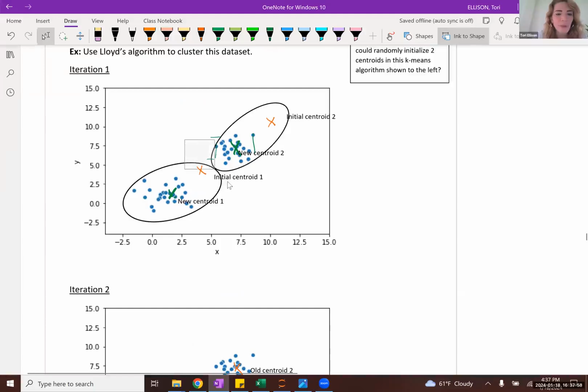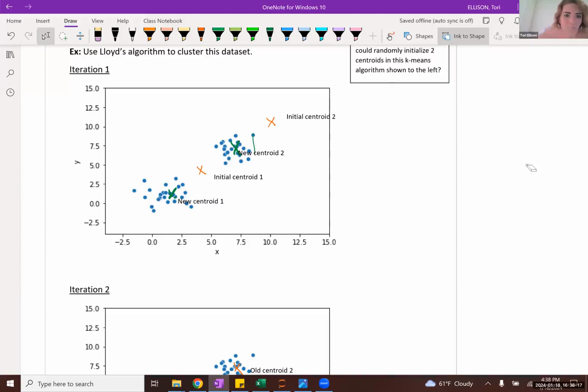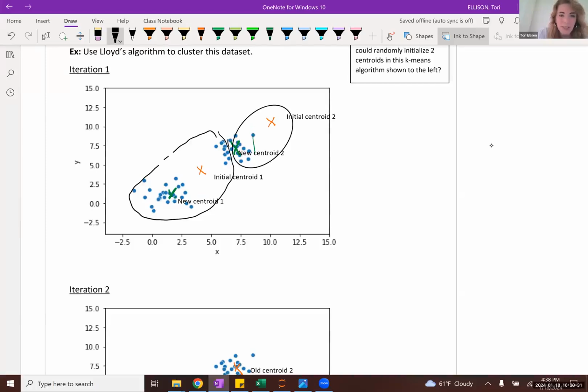Technically, my pen's a little funky, so I kind of got a little lost here. So technically, some of these observations are actually closer to this centroid here. So maybe some of them should have been assigned here. So let me just modify that here a little bit. Okay, so actually, this cluster would still be split. So this would be something more like this, and would be like this. And so that would actually place the new centroid a little bit further to the right in both of these clusters here.